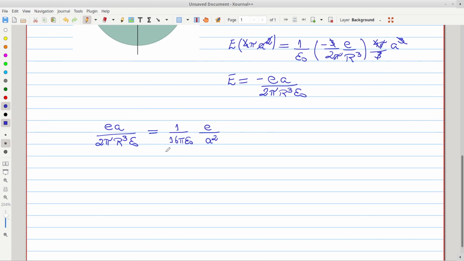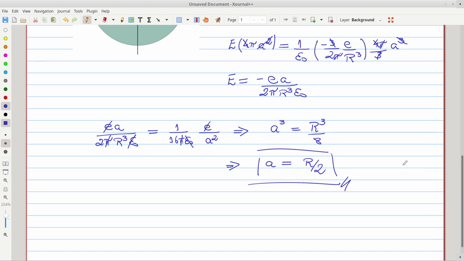So we can simplify this expression, and we can simplify this also, this and this, and we'll have a to the third equals r to the third divided by 8. Therefore, a will be r divided by 2.